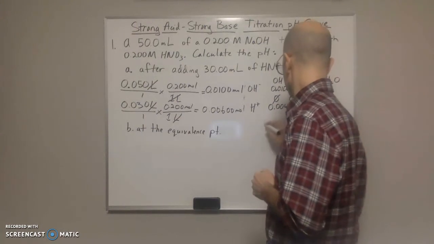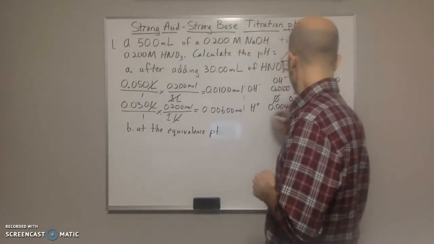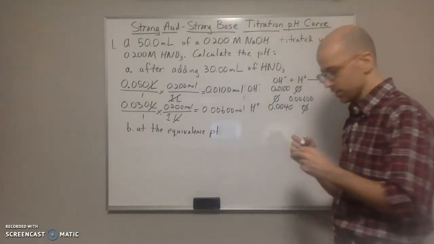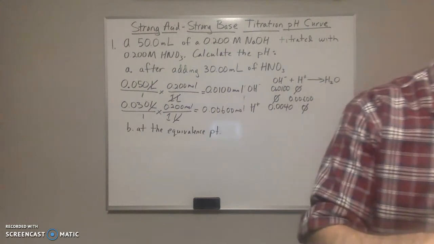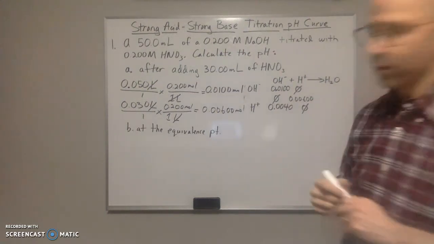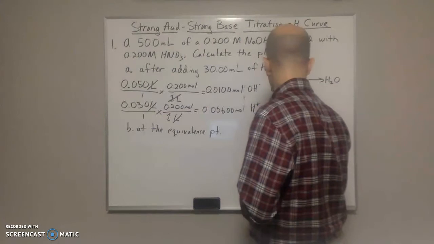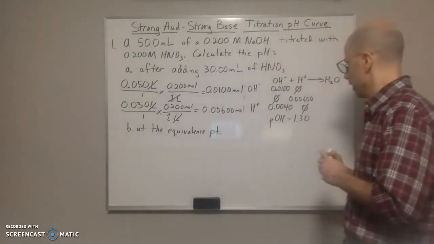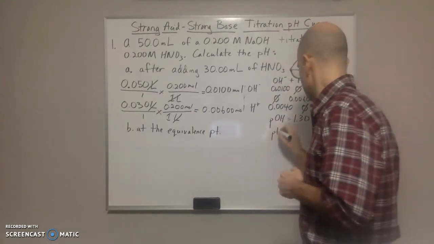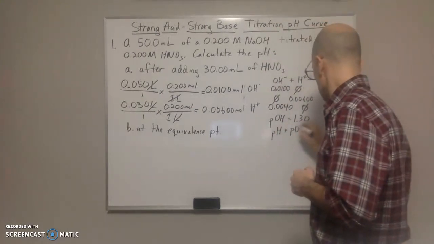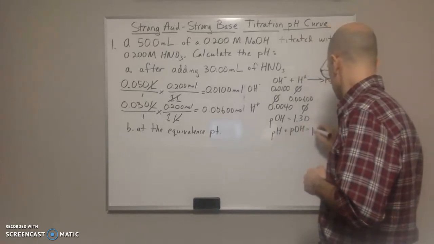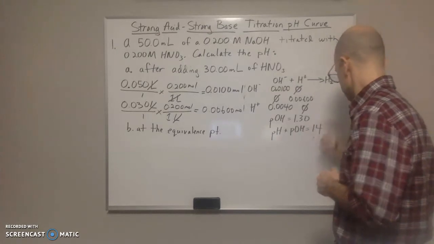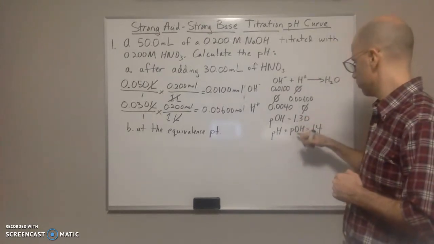So what we could do is then we could take the pOH. This is the OH concentration. So if we take the negative log of this, we get the pOH of 1.30. And then because pH plus pOH is equal to the pKw, which is 14, we subtract this out from 14.